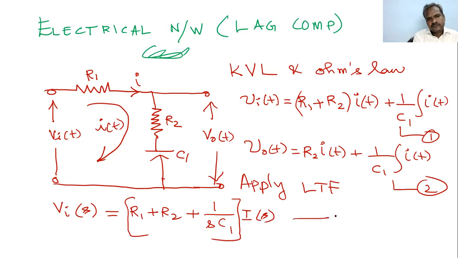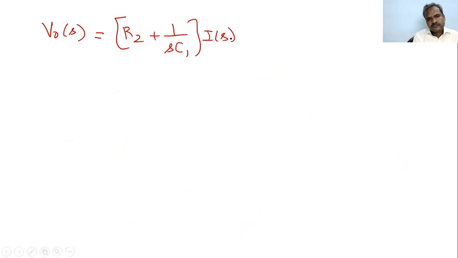Into I of S, equation number 3. Then if we apply the Laplace transform for the output, V naught of S equals R2 plus 1 by S C1 times I of S. Say this is equation number 4.